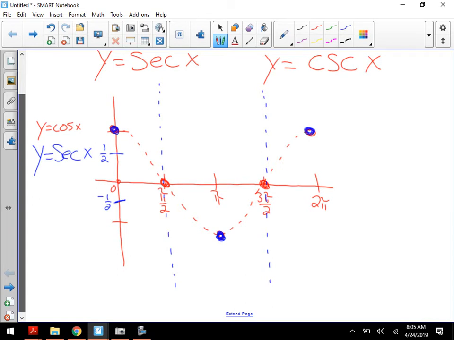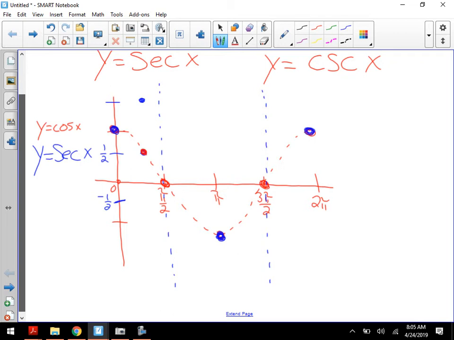So if this dot was 1/2 on the cosine graph, where would it be on the secant graph? Excellent. The reciprocal of 1/2 is 2.